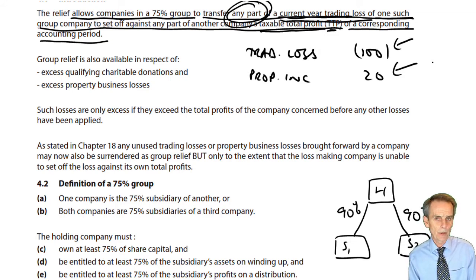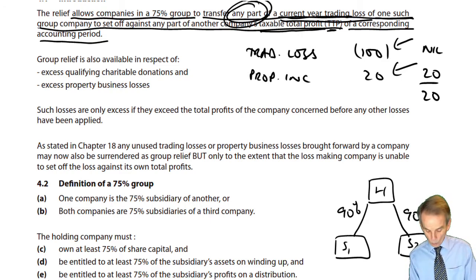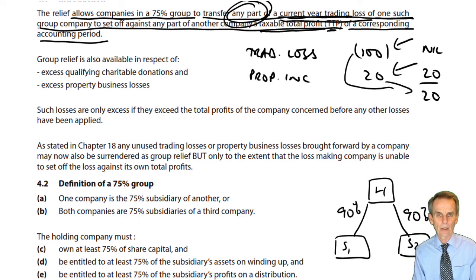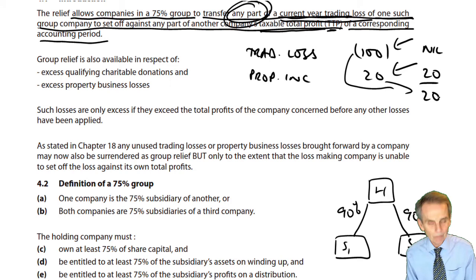Remember, on a corporate tax computation, if you've got a trading loss, the assessment would be nil. If the only other profits chargeable this period was the property income, then it would have total profits of £20,000. One obvious possible relief is a current period claim against those total profits of 20. But you don't have to do that.